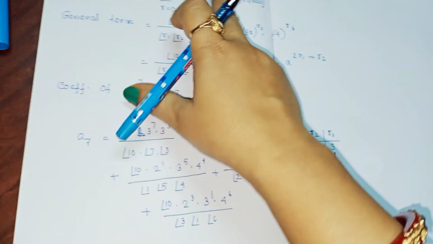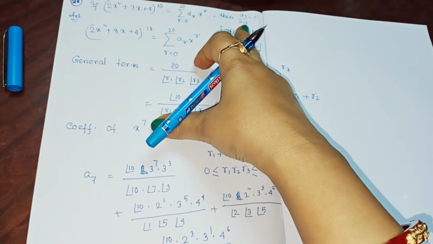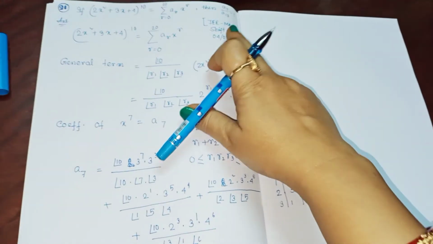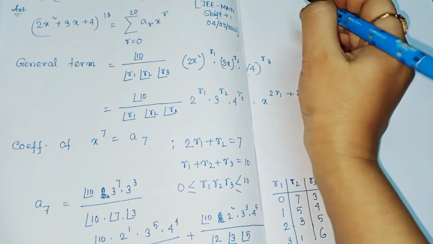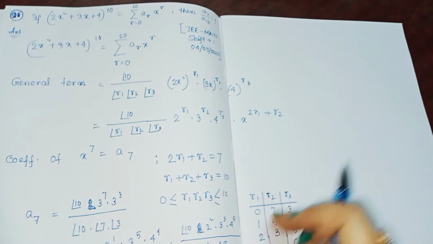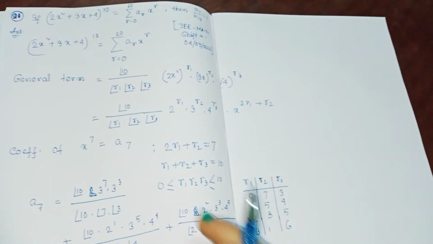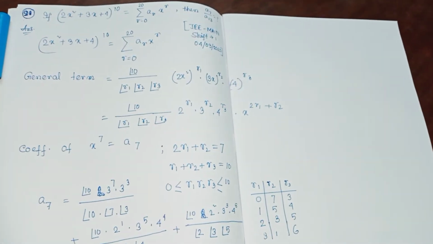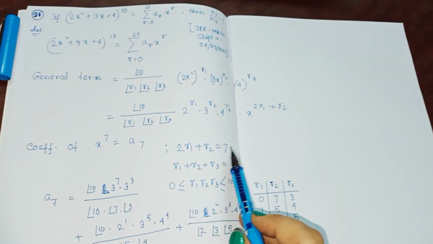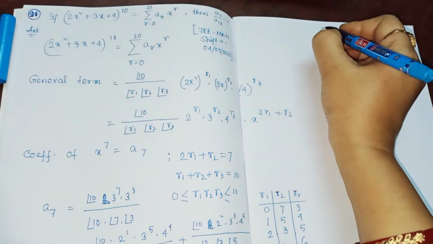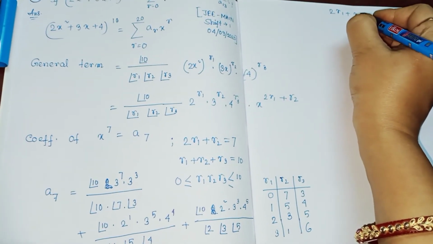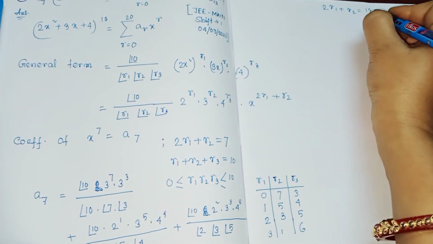Now another term, a_13, is given. a_7 is this and a_13 is another term. For a_13, the condition is 2r1 plus r2 is equal to 13.